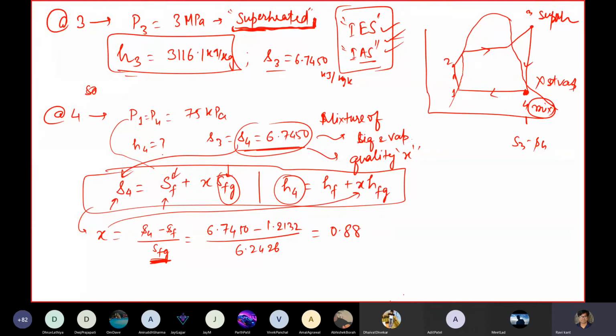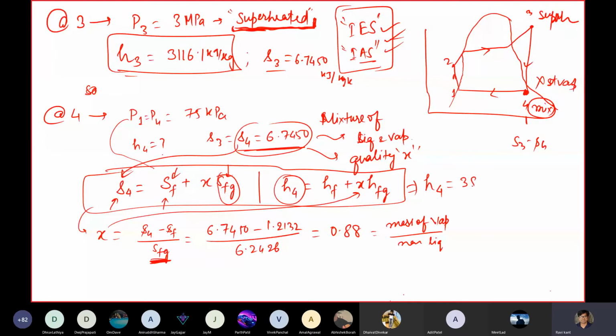So what is the meaning of quality? It is the ratio of mass of vapor to mass of liquid. Okay, so once we got this, we can reduce H4 as H_f, which will again be taken from the table.